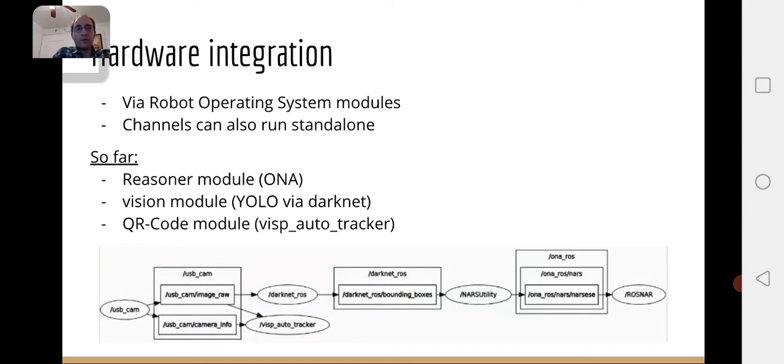After I was confident in the capabilities of the system, we moved towards hardware integration. So we developed modules for the Robot Operating System, which is commonly used in robotics, and added a module for the reasoner so that it can easily be applied in robotic applications, and also modules for sensory channels which are compatible with the reasoner module. This includes a vision module and a landmark detection module so far, and more is to come.